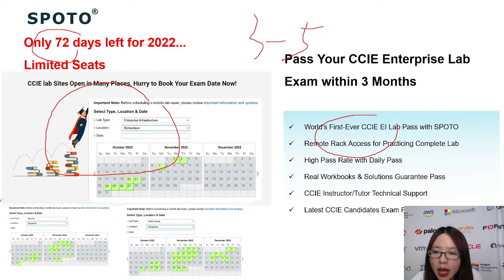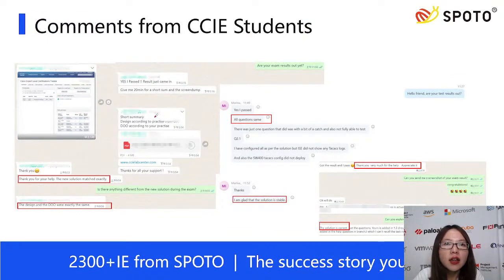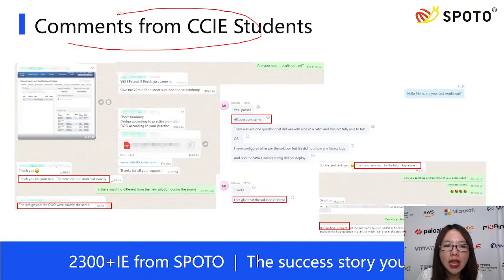Okay, so the solution is very stable. So these are feedback from other candidates. Our solution is very stable. Maybe you can see it's clear. Okay, you can see these candidates said that the new solution matched exactly.